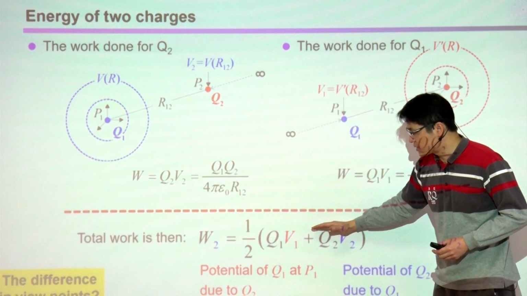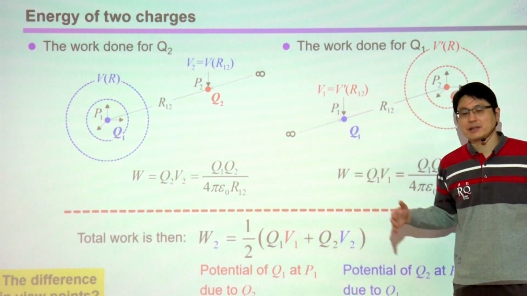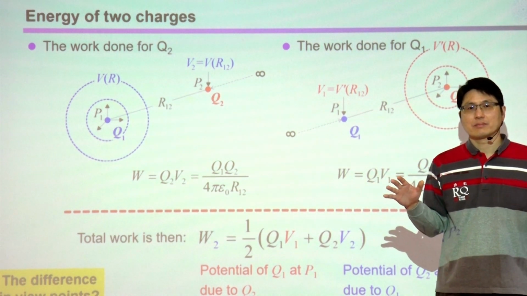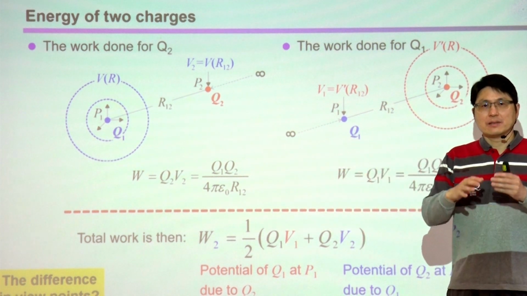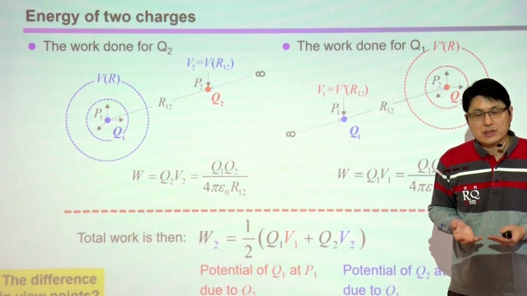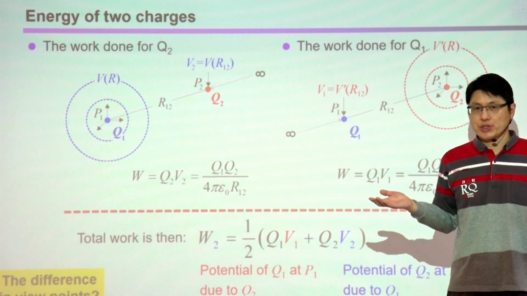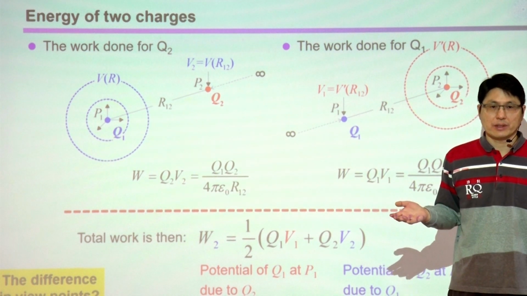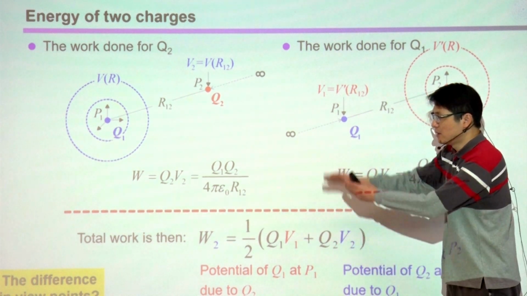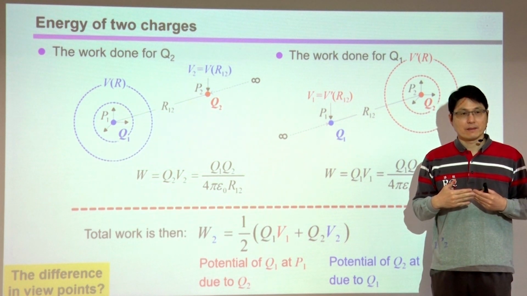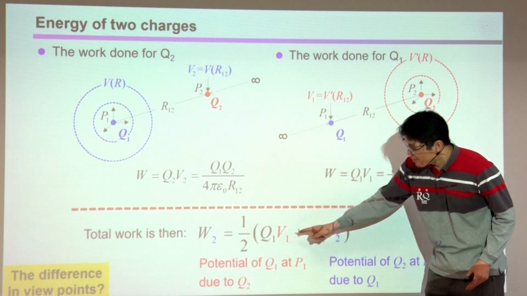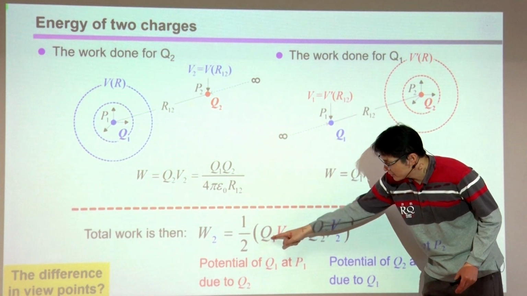But this equation is telling you I'm looking at the system as a complete system. So I don't really care which charge is coming first, right? So this is looking at the two charges as a whole. And therefore, I calculated the energy.